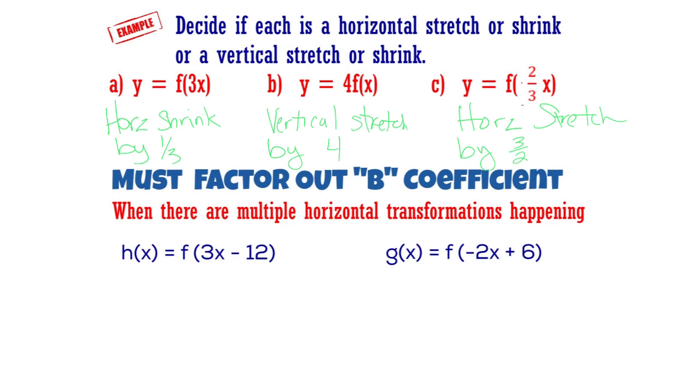So now when I suddenly put that B value in there, but I also have some sort of horizontal stretch or shrink going on, I have to factor that out first before I decide what kind of movement is going to happen. When I factor out, it's going to look like this. I'm going to factor the 3 out, and then it would be an x minus 4. And that is what you base the shifting on, after that 3 comes out of there.